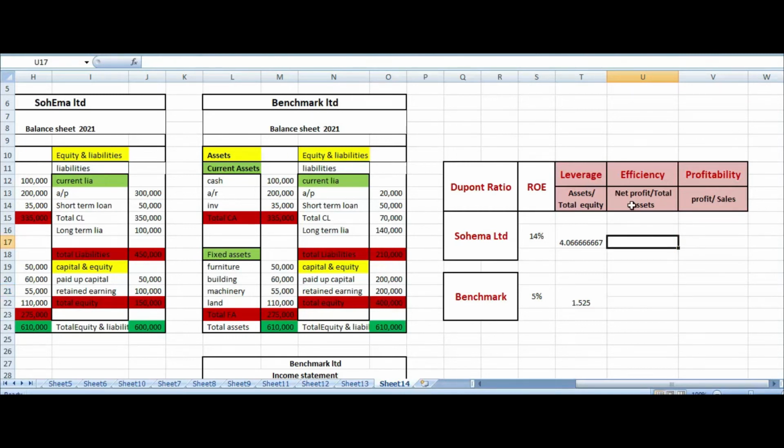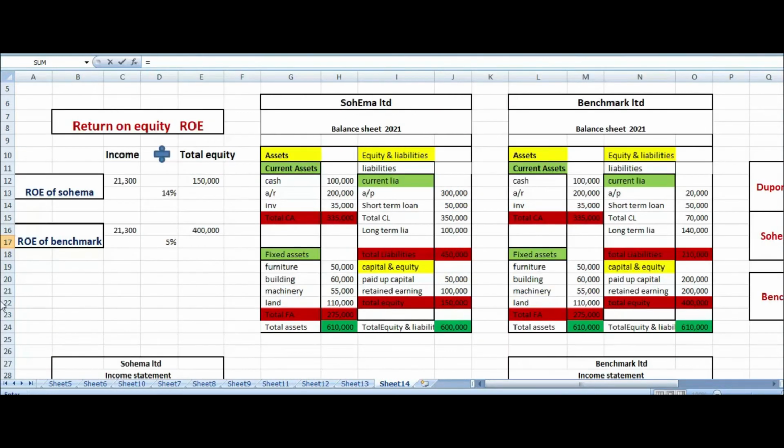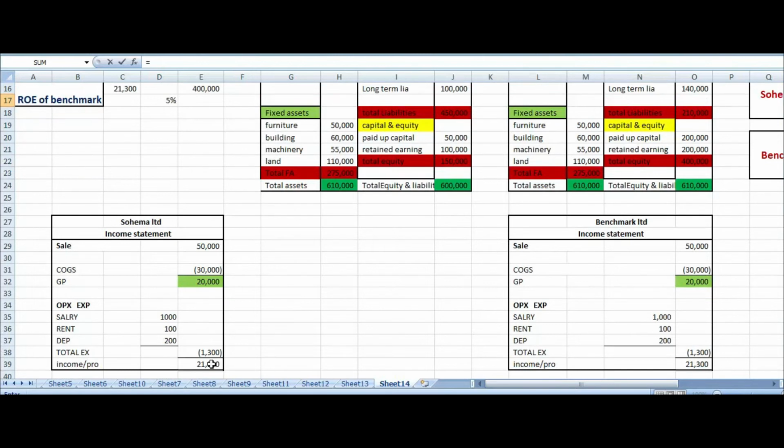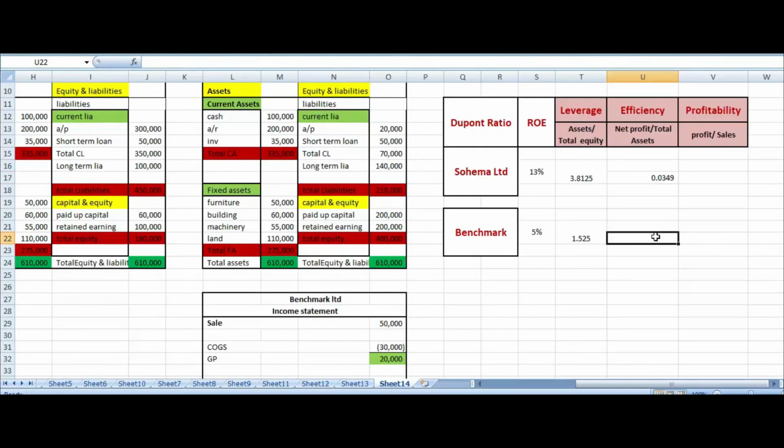For calculation of the efficiency ratio, we need to divide our net profit by total assets. The net profit of Soima Limited is 21,300. So the efficiency of Soima Limited is 0.034, and now we will see the efficiency ratio of the benchmark.